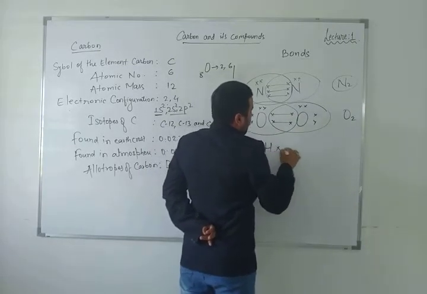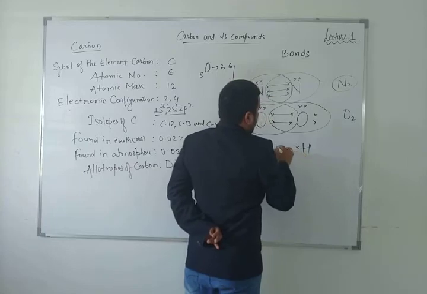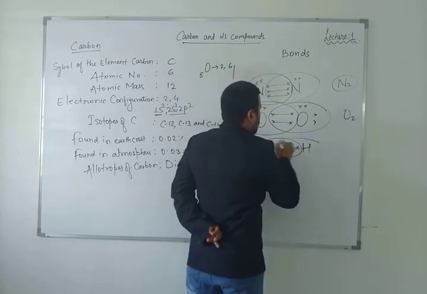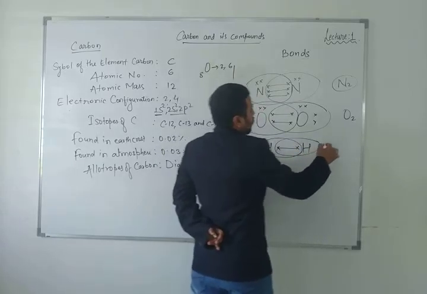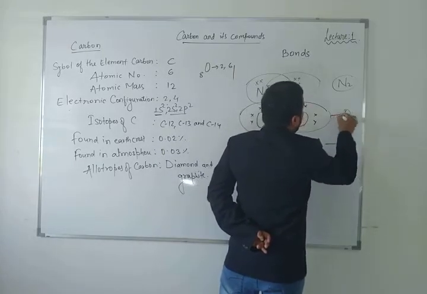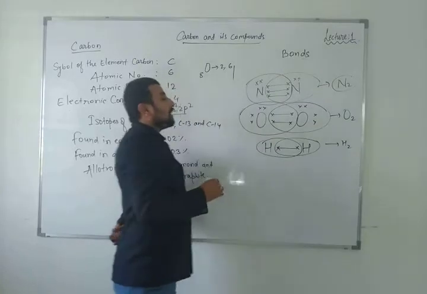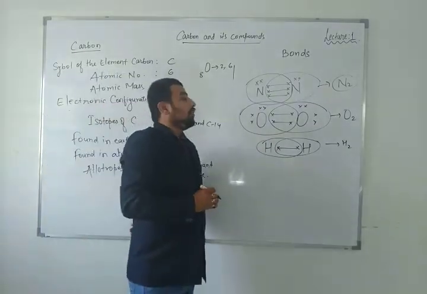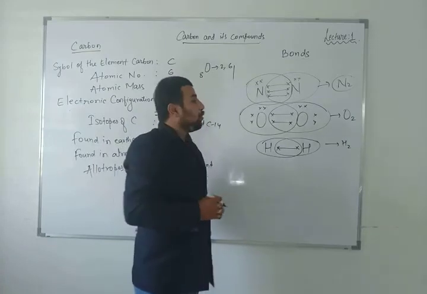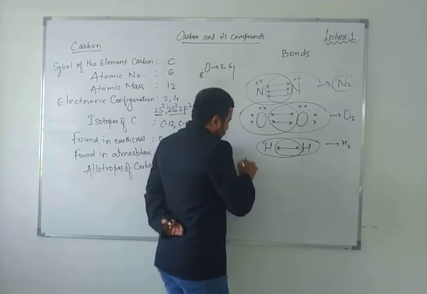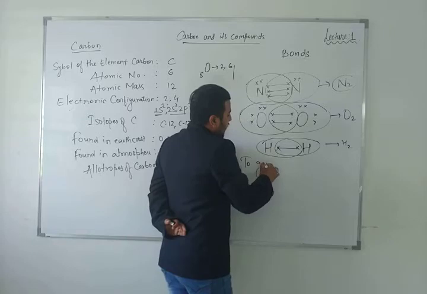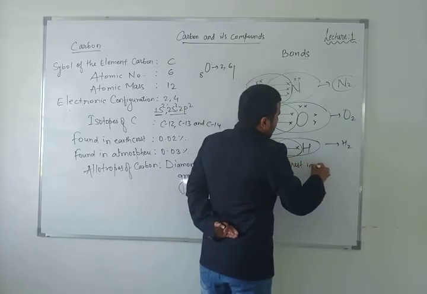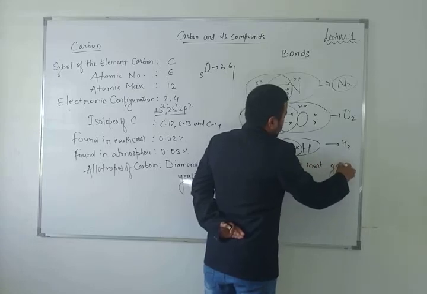Hydrogen has 1 valence electron in its outermost shell. So they both will share 1 electron with each other and complete the duet, the helium configuration. So this can also be formed as H2, O2, N2. These are the things you should know: why do they do the sharing? They do sharing to gain the nearest inert gas configuration.